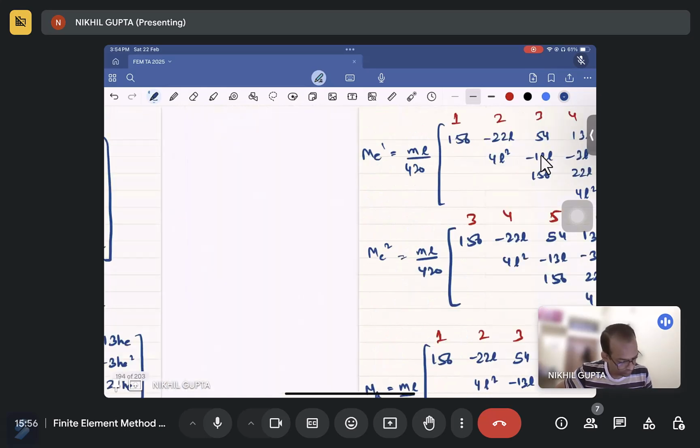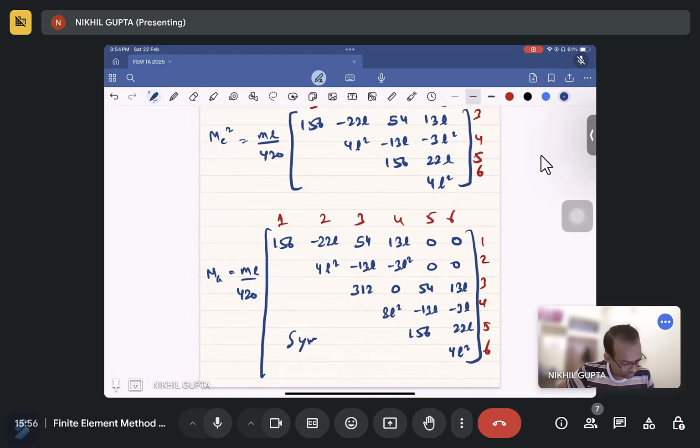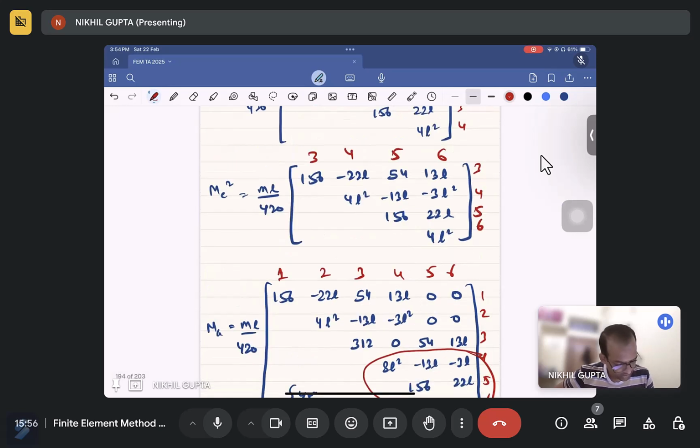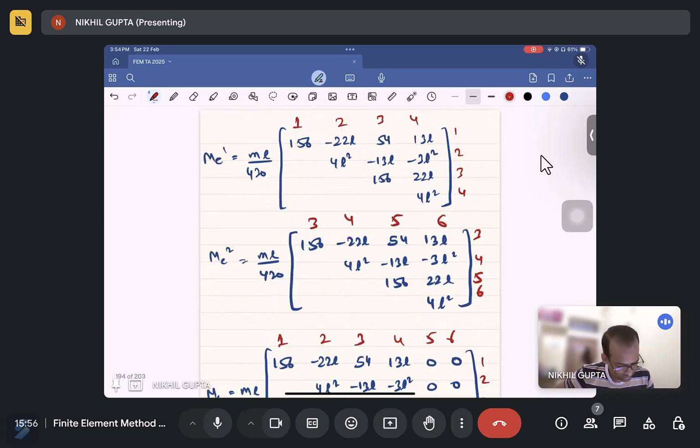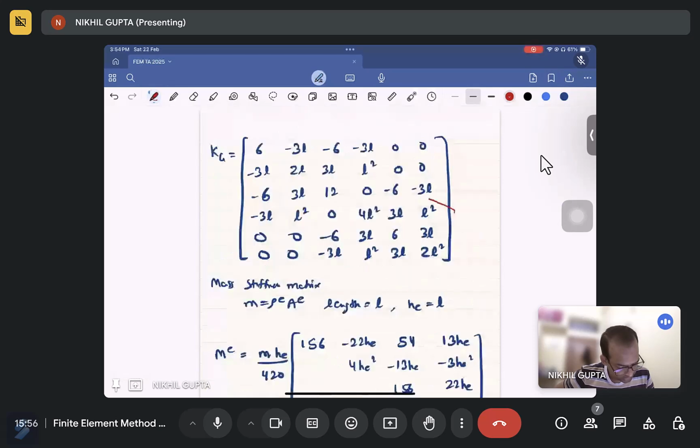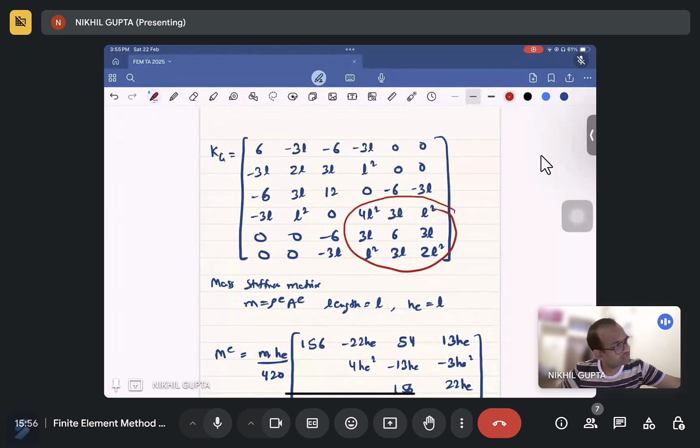So you can remove u4, you can get this matrix. From here you can get the K matrix, also you can get this matrix. I think something will be out as well, so it will be 2EI by L cube as well.